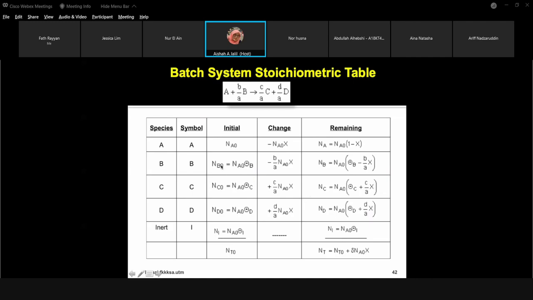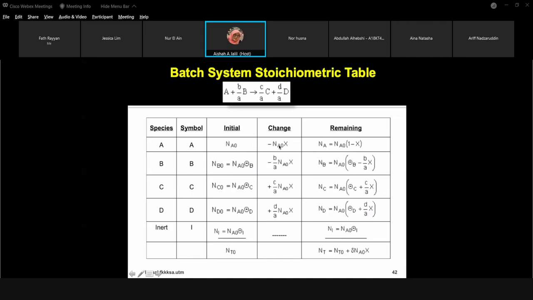You can see species, symbol, initial: NA0, NB0, NC0, ND0, NI0, and for inert Ni there is no change. Then the change: this is 1, you can see where the stoichiometric coefficient comes from.